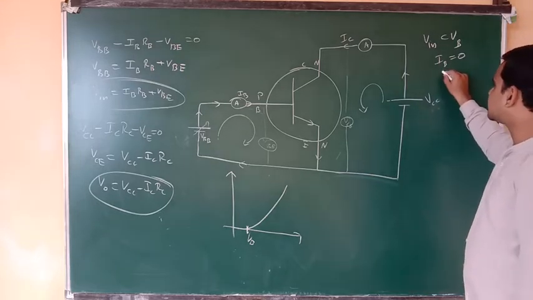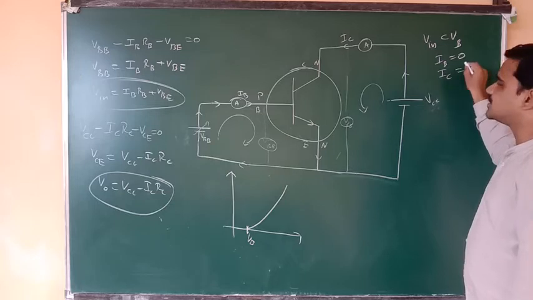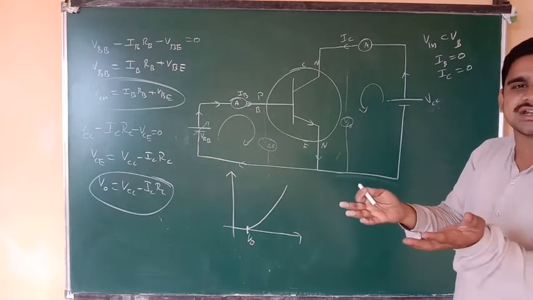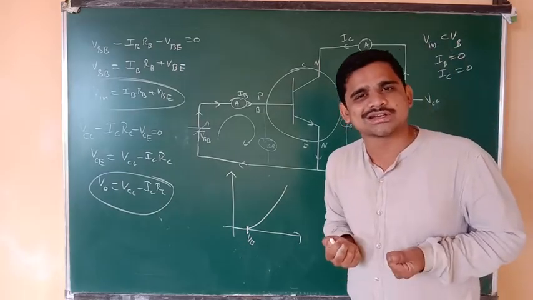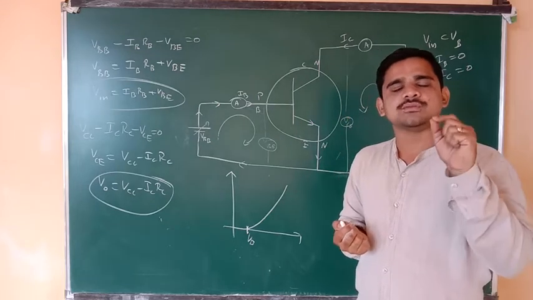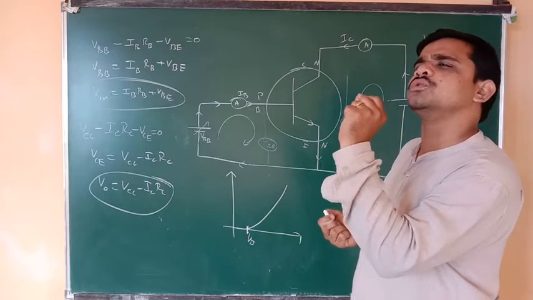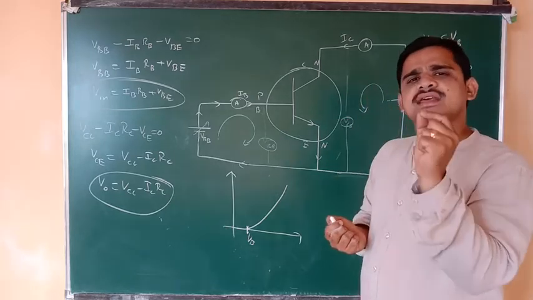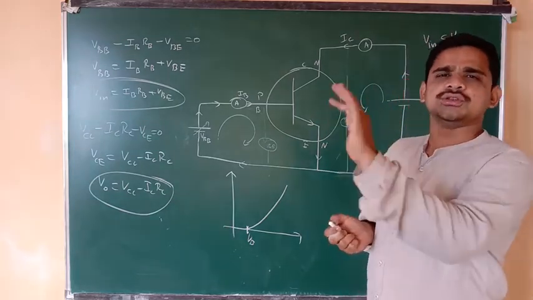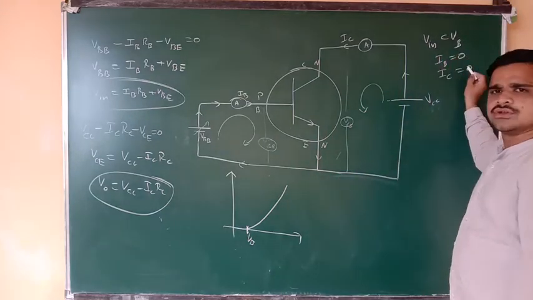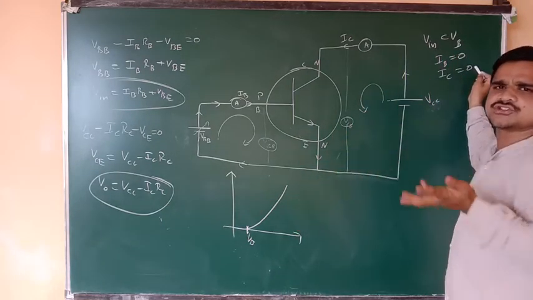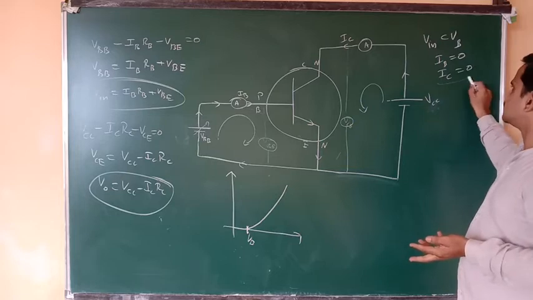When input current is 0, output current is also 0. When there is no input current, there is no output current also. I'll tell you one more point here. When this input voltage is less than the barrier potential, there is no input current, which means base current becomes 0. When base current, the input current, is 0, there is no output at all, so output current is also 0.